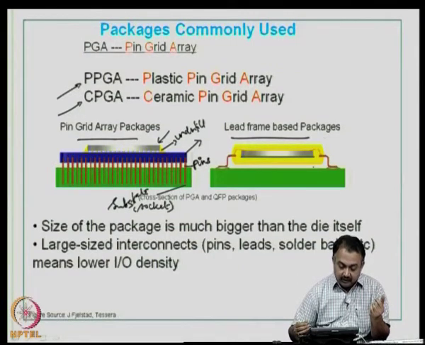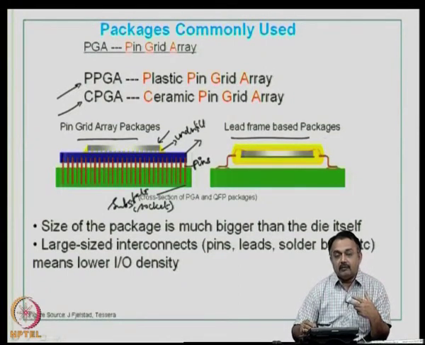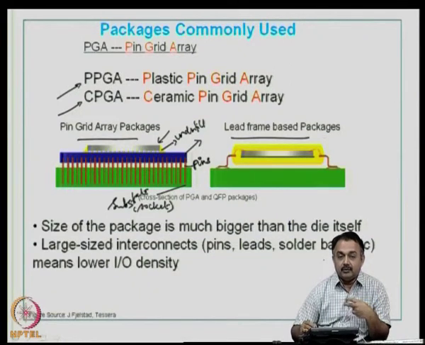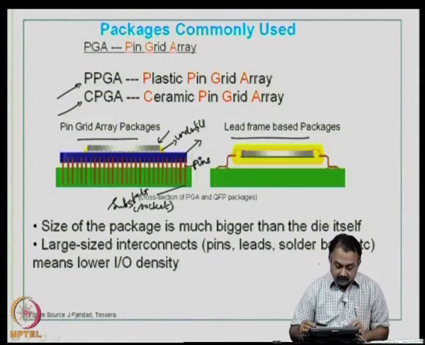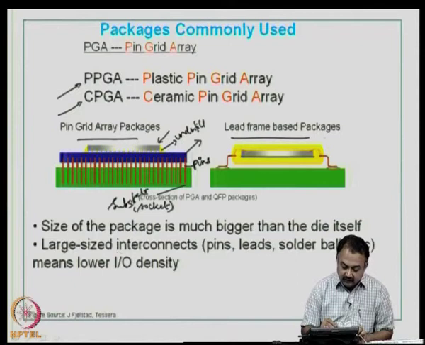In a pin grid array, the size of the package is much bigger than the die itself. You are going to use more package material to take care of fan out of the IOs and also the thermal part, removing a large amount of heat from the surface of the die. And the interconnect sizes are very large.